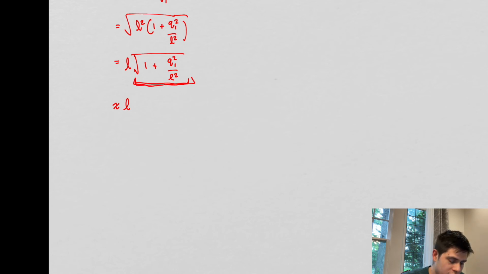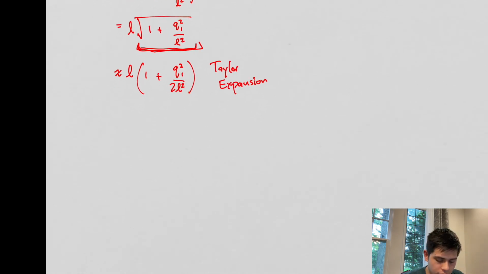When we Taylor expand this, we get 1 plus Q squared over L squared, with a 2 in the denominator there. Then we just distribute, and we get that this is approximately equal to L plus Q1 squared over 2L.